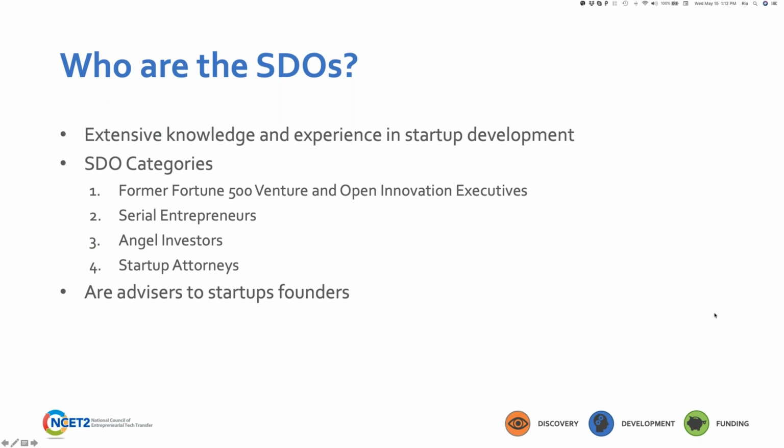So who are the SDOs, or the Startup Development Officers in our program? These are people that are sophisticated and have extensive knowledge and experience in helping startups get to an exit of some sort. The categories are the four listed here.